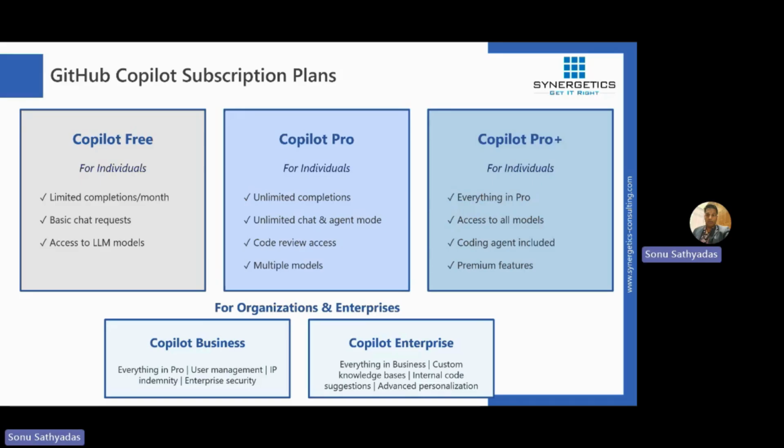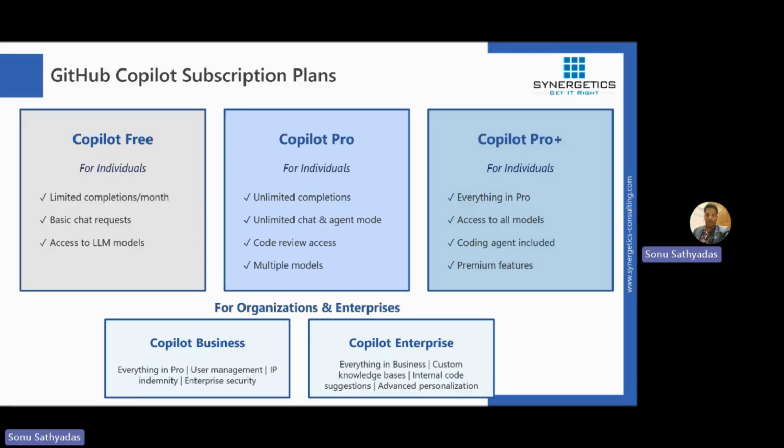If you want to try something, there is a free option of GitHub Copilot. It provides very limited completions per month, so every month a very limited number of operations you can do. But for demo purposes, for your understanding, this is fine. This will give you a sufficient number of requests.